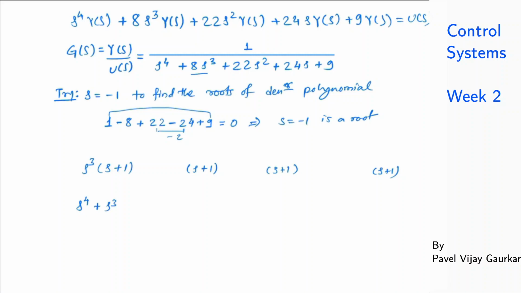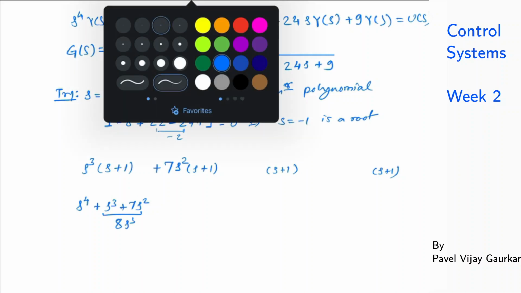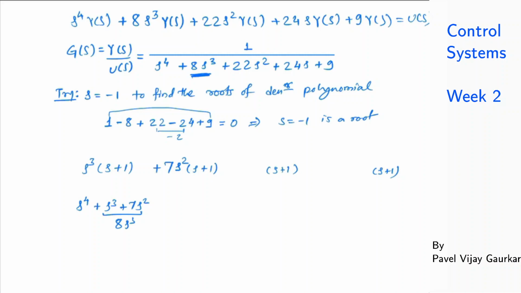We need 8 of s cubes. We have one of it. So we can multiply here by 7 of s square. That would add us 7s square, and this overall will become 8 s cube. But with 7s, we'll also get 7s square term.